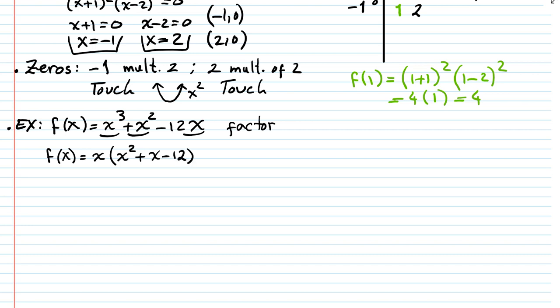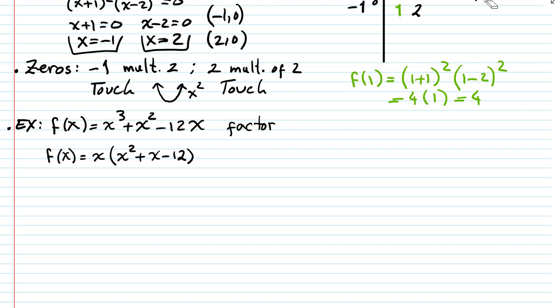When you remove the GCF, we literally take out the x, and then you divide x cubed by x, x squared by x, and 12x by x to get the remaining terms within the parentheses. Now we need to factor the trinomial.